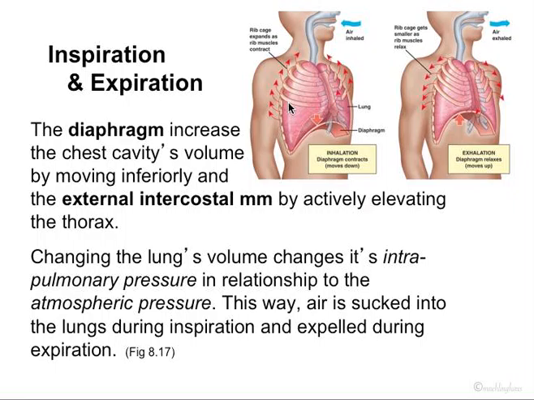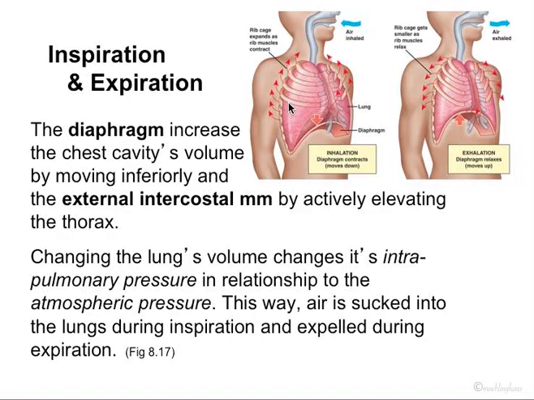And then changing the lung volume changes the intrapulmonary pressure in relationship to the atmospheric pressure, and this is a complicated way of explaining how air is sucked into the lungs during inspiration and then expelled during expiration.